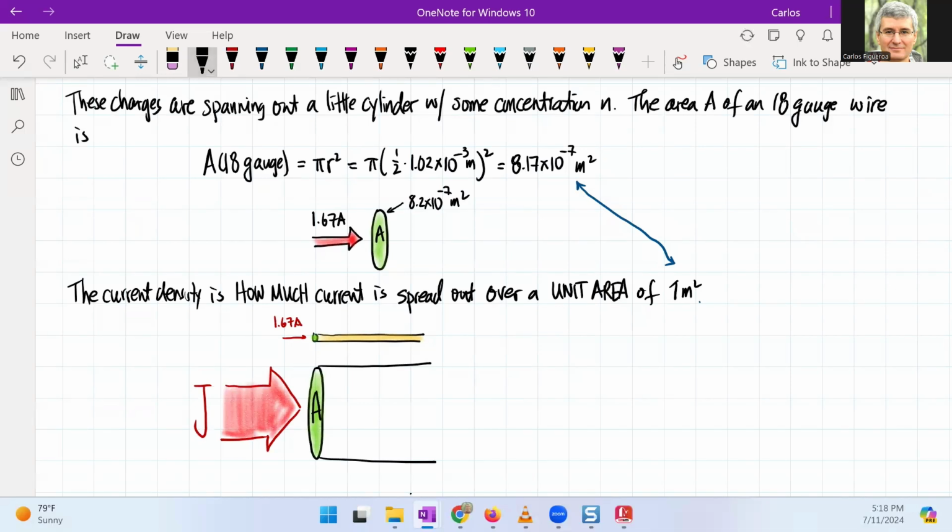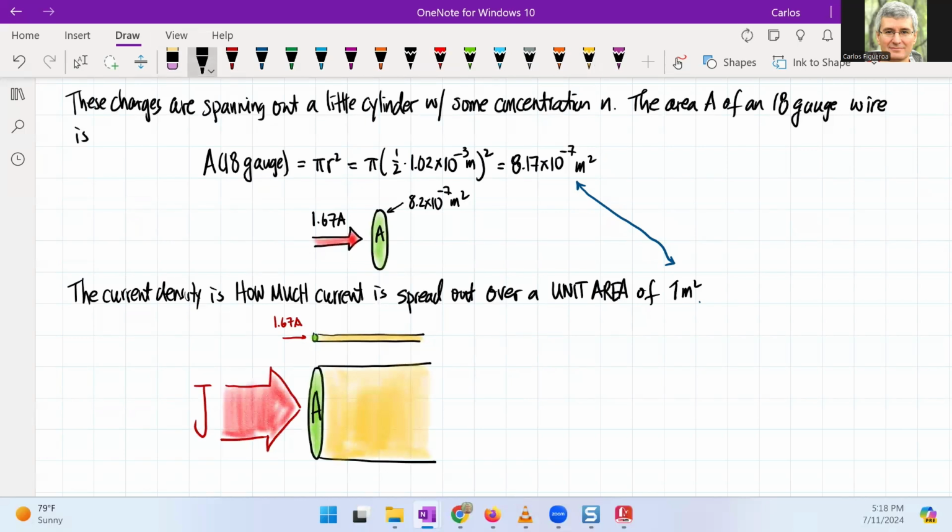And so when I start to calculate this number, it's then going to just be the current divided by the area, but that's a tiny area, of course.